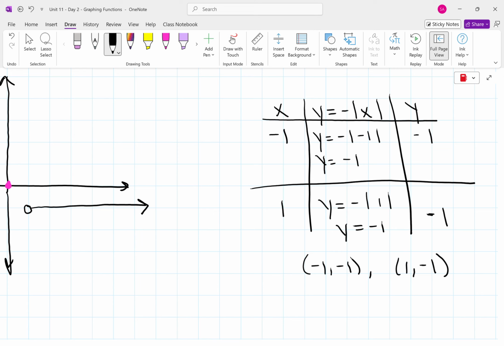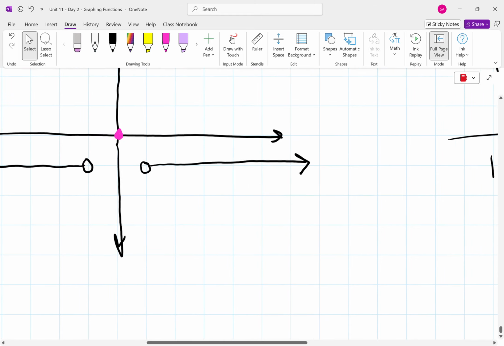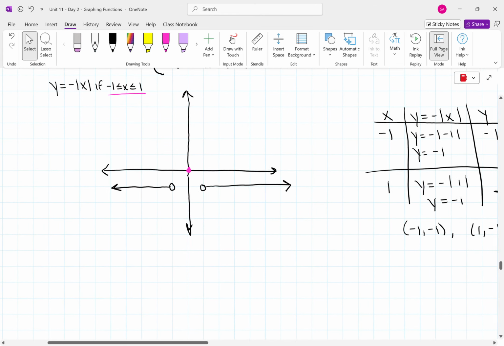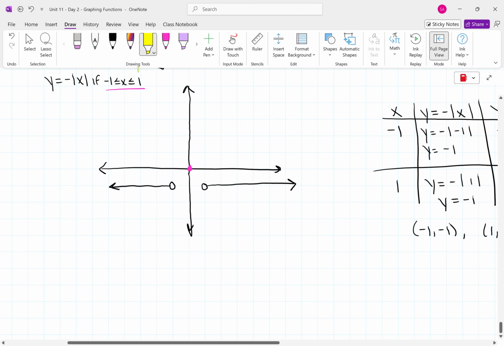Now I'm going to plot these 2 points. So the first point was -1, -1, and the second point was 1, -1. Do we agree? All right, so now we plot. Now, when we go back to our restrictions, it was included, right? The point at -1 was included, the point at +1 was included, so that means closed circles here. So the first point we figured out was -1, -1.